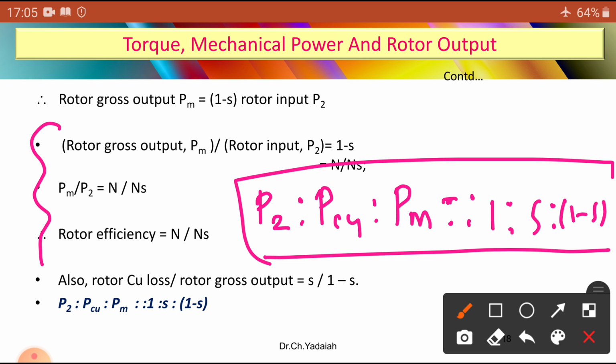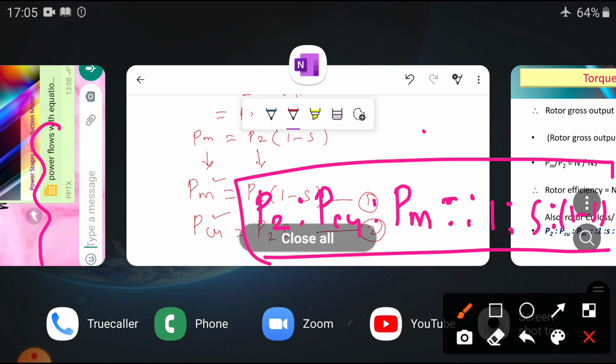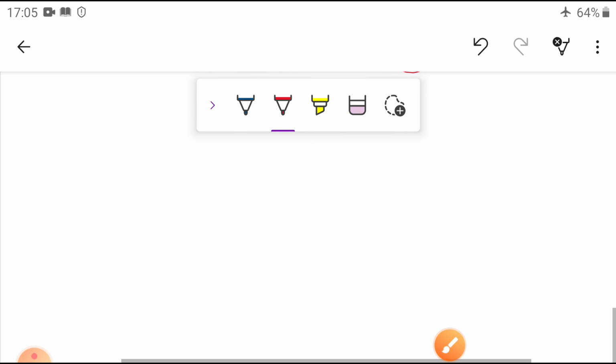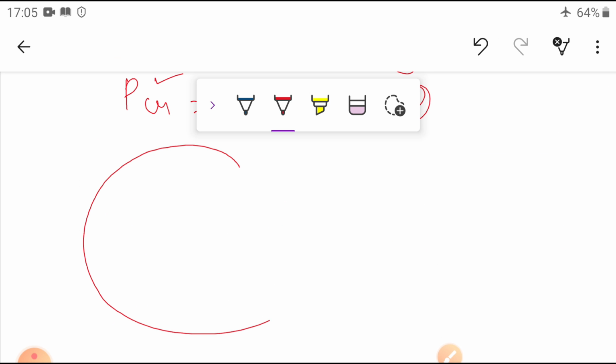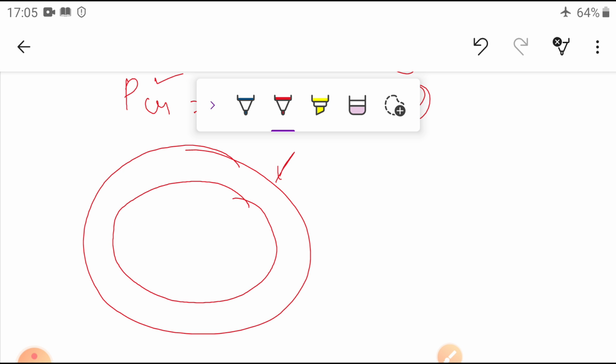What is P2, the rotor input? You can see here, this is P1 and this is P2. This is the developed torque, the gross torque TG. This is the rotor.